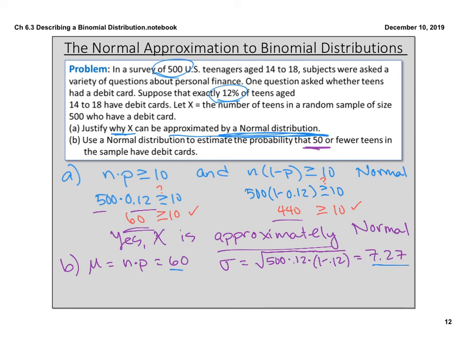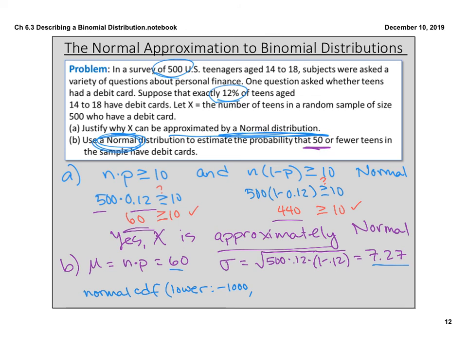Now I'm using normal to calculate this. So normal CDF is going to be a mean, or sorry, you have to do lower and upper first. So lower bound, we're going 50 and below. So I'm just going to say that my lower bound is like negative 1,000. Or you could do negative infinity. I think we would do negative infinity sometimes.